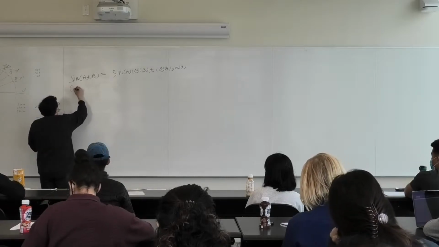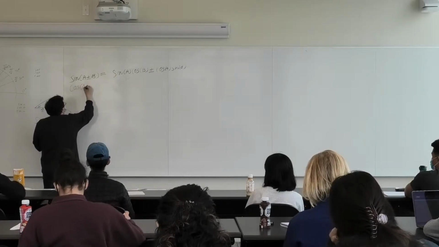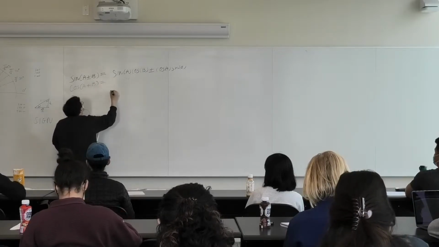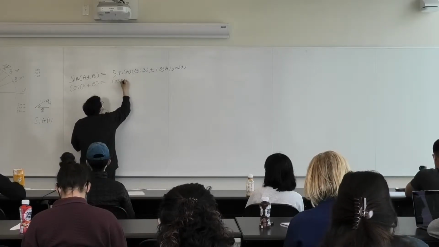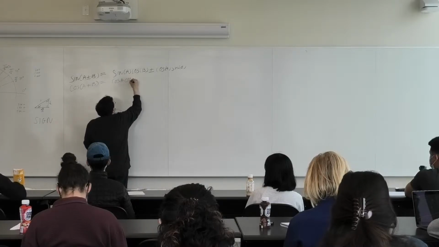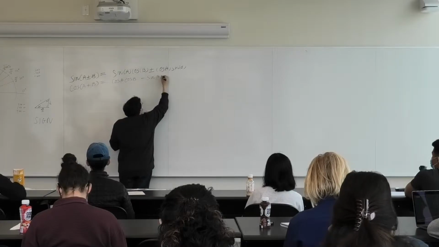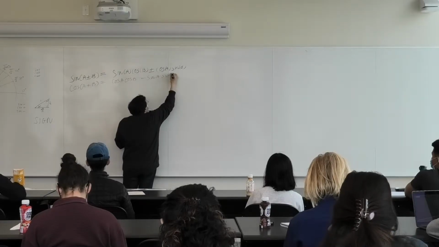We have a similar one for cosine of A plus b. It's cosine A cosine b minus sine A sine b.